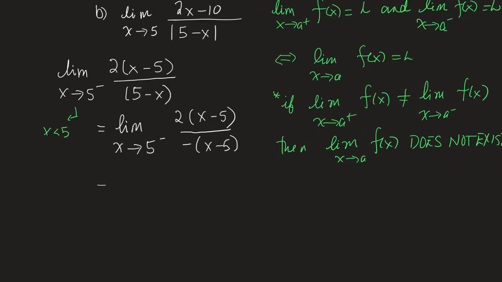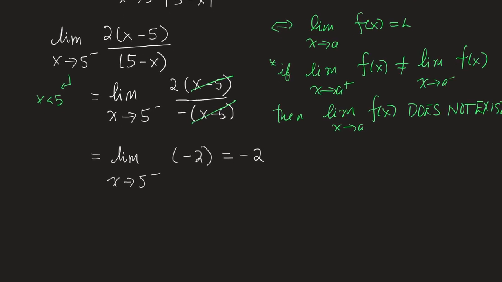And this now becomes the limit as x tends to 5 from the left. Cancel those two factors. And I have minus 2. The limit of a constant is just the constant, so the limit is minus 2.